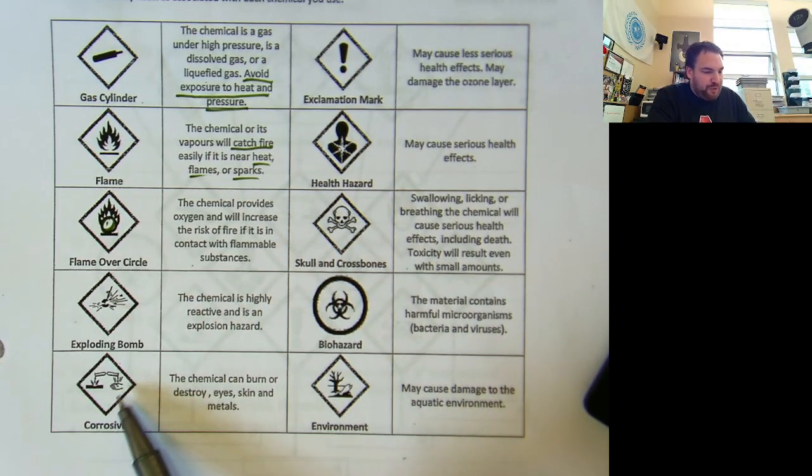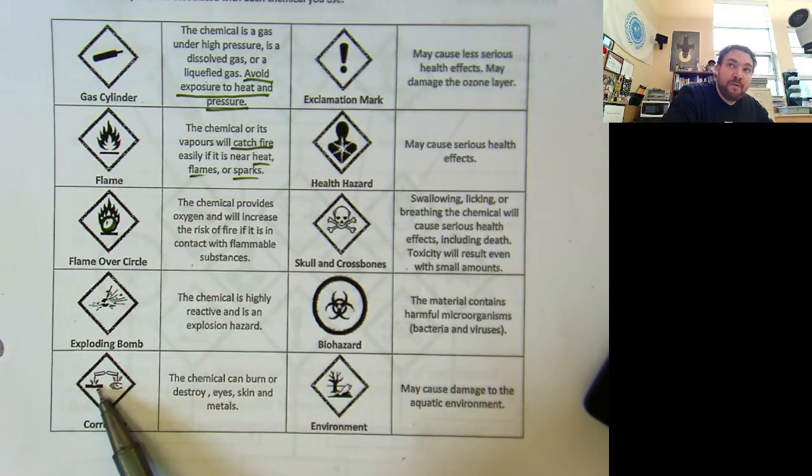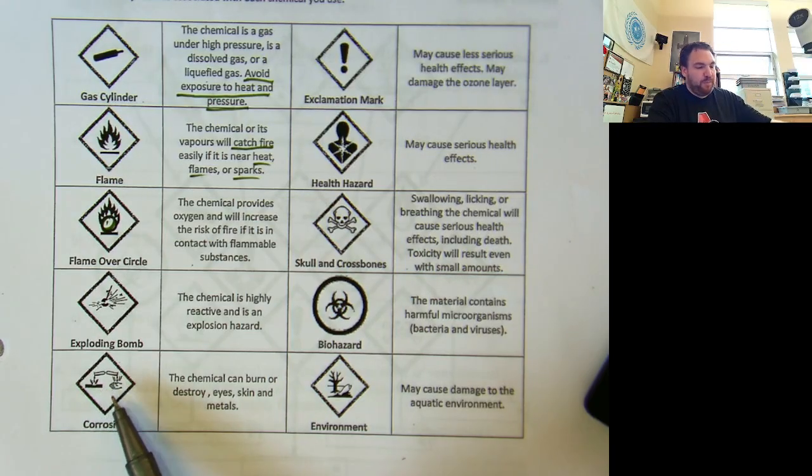This symbol is corrosive. You can see there's a hand, whether that's a piece of metal or wood or whatever. It means that the chemical that's present will burn through either of these things. We have a whole section of our first unit on corrosive chemicals. Generally speaking, when we think of corrosive things, we think of what kind of chemical? Starts with an A. It's 4 letters long.